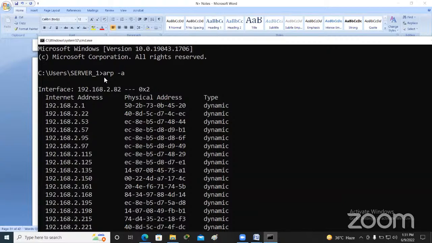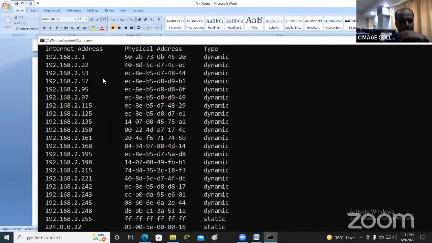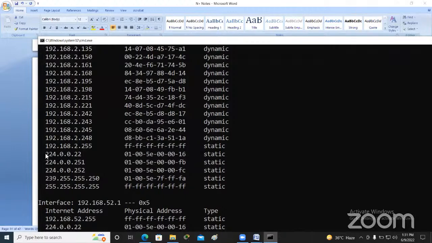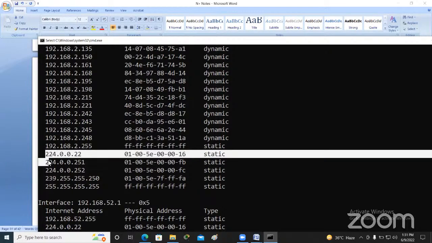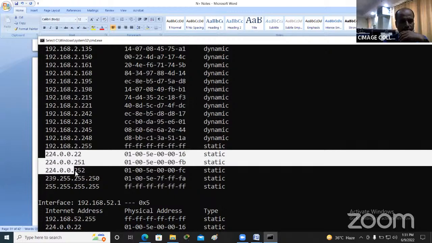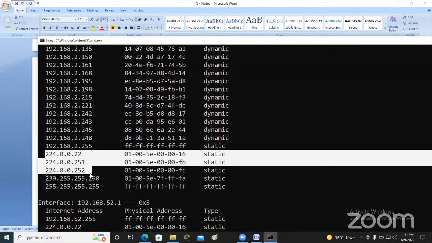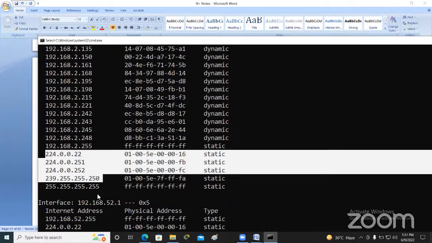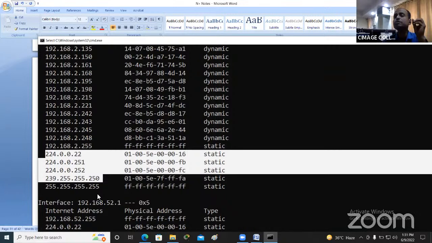You will all see that yes, there are some multicast IP addresses like 224.0.0.22, 251, and 252. All these are multicast IP. This one is also. Your system is also using multicast IP, but you have never assigned this IP address to your system.